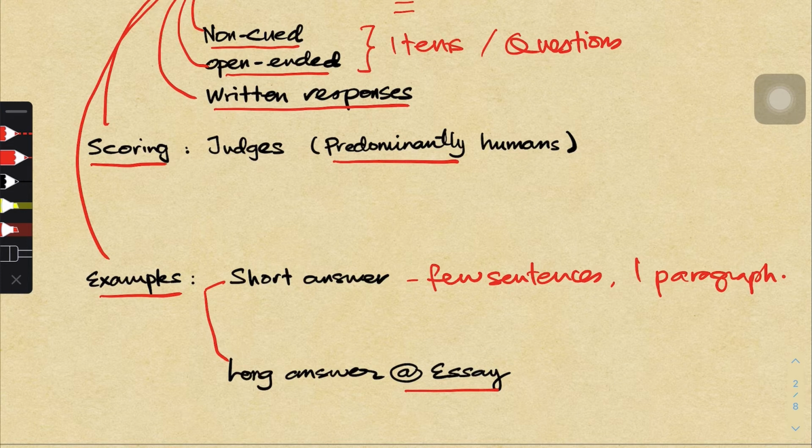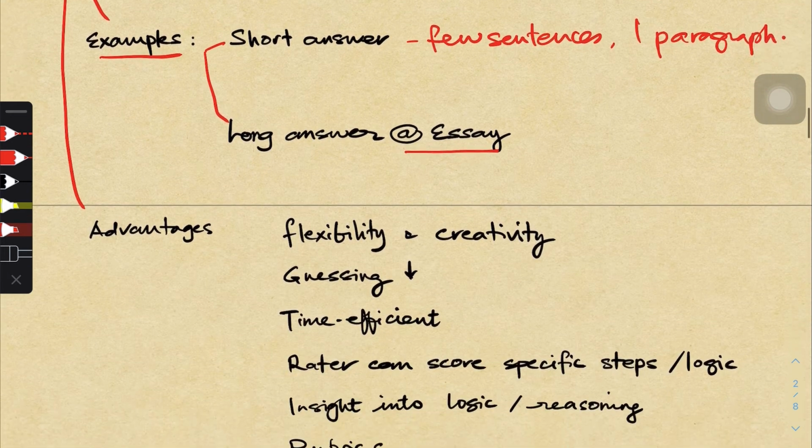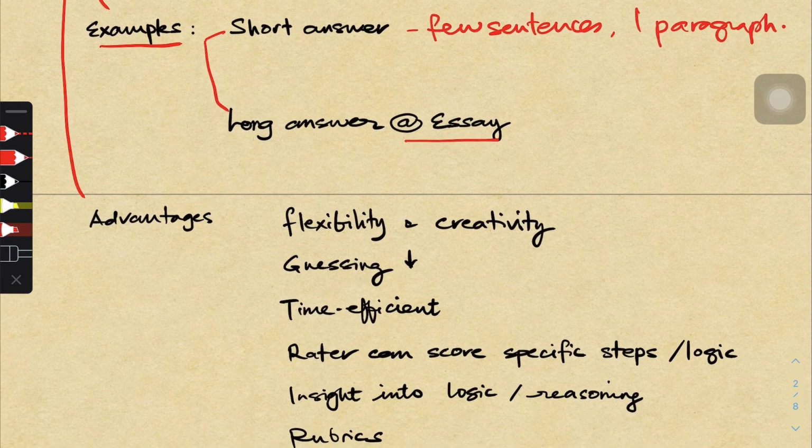Now the author talks about the advantages of CR formats, constructed response formats, and he mentions that first and foremost, they are flexible. The question format allows flexibility and creativity in creating the question. That's what he means.